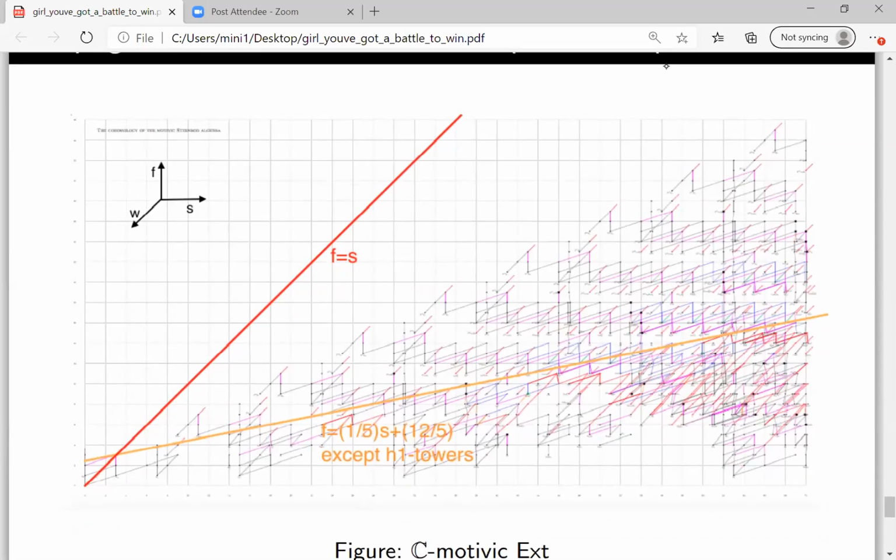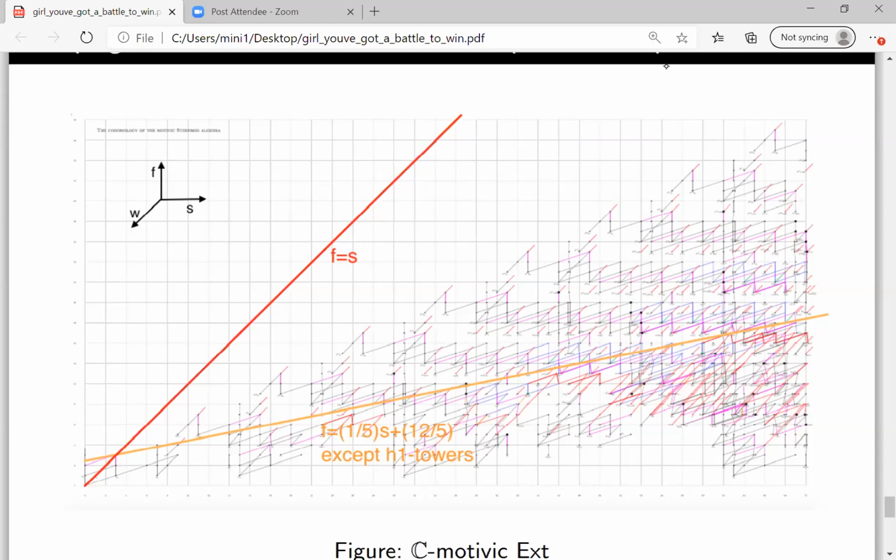Okay, so let me briefly say two minutes about those H1 towers also. We have some control on that because there is H1-inverted motivic Ext, studied also by Weiser, Gill, and Isaksen.